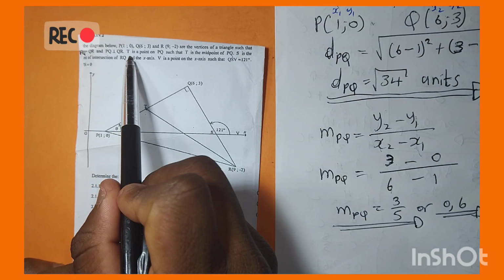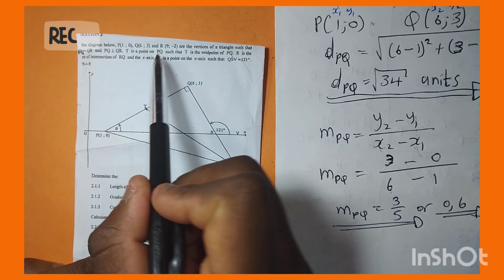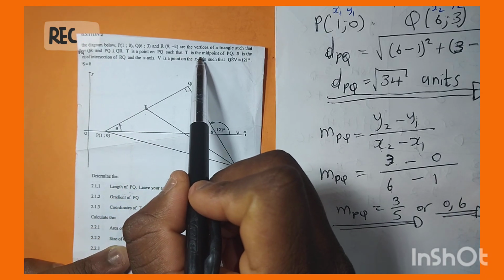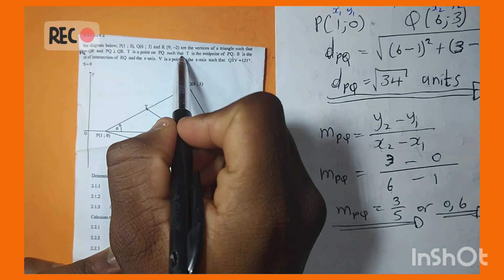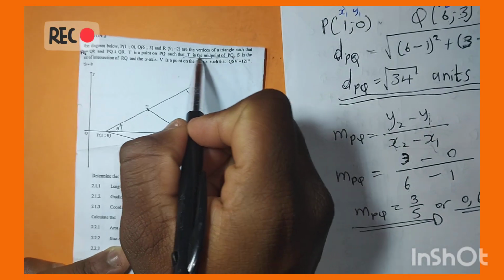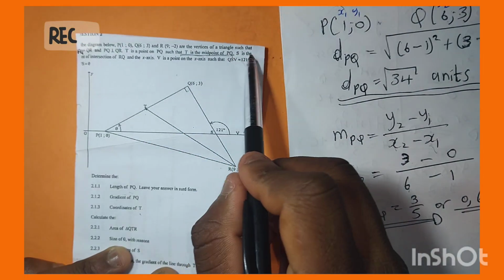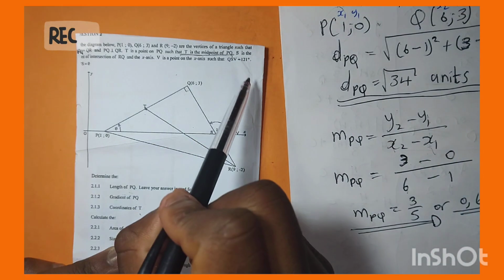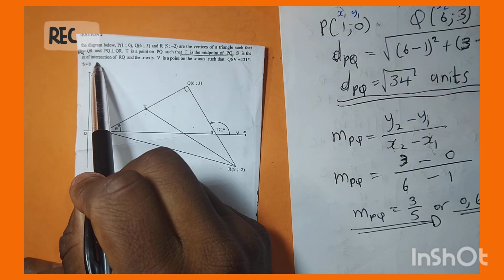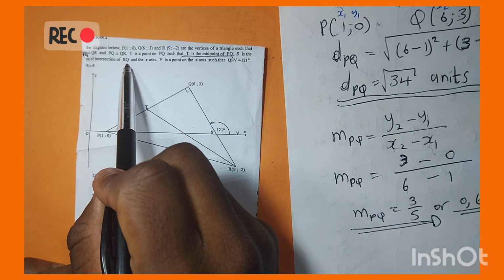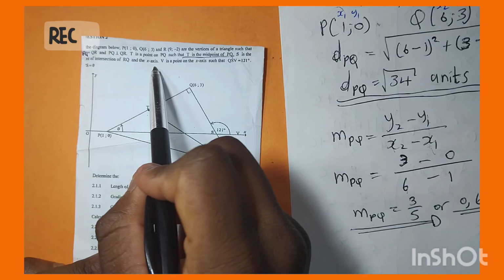T is a point on PQ such that T is the midpoint. Here they told you that T is a midpoint. S is the point of intersection of RQ and the x-axis.